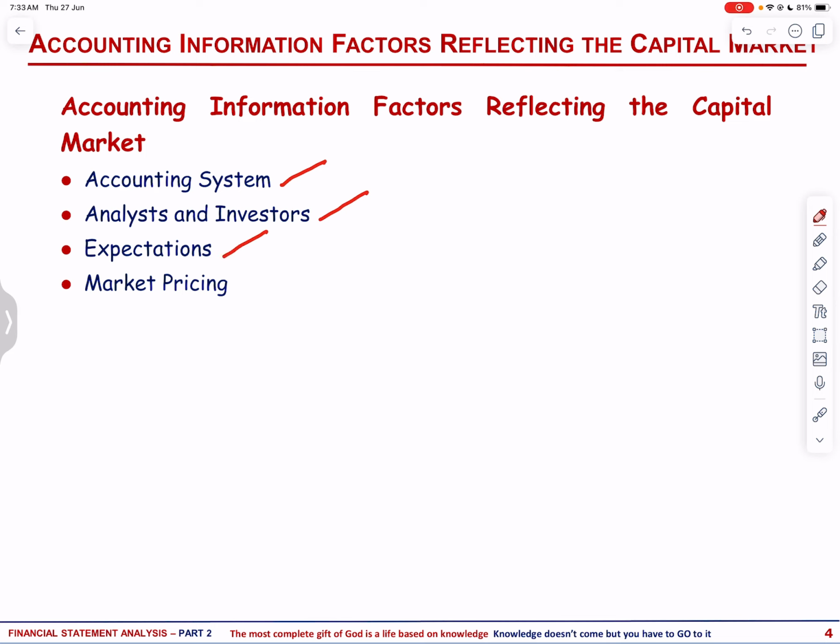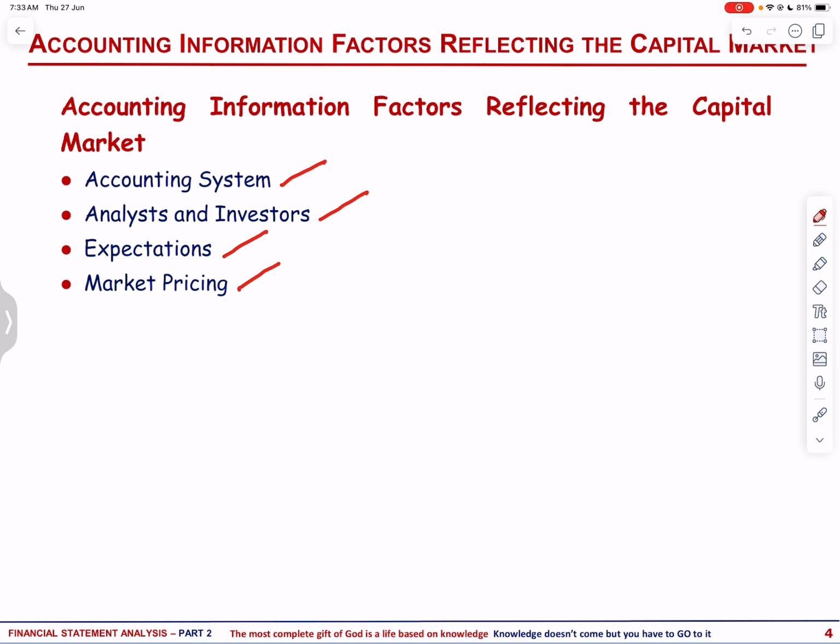Analysts and investors then translate these fundamentals into predictions of future earnings and cash flows, which in turn influence their estimates of the company's stock value. The fourth link is market pricing, that is, trading activities in the market adjust stock prices based on these estimated values.